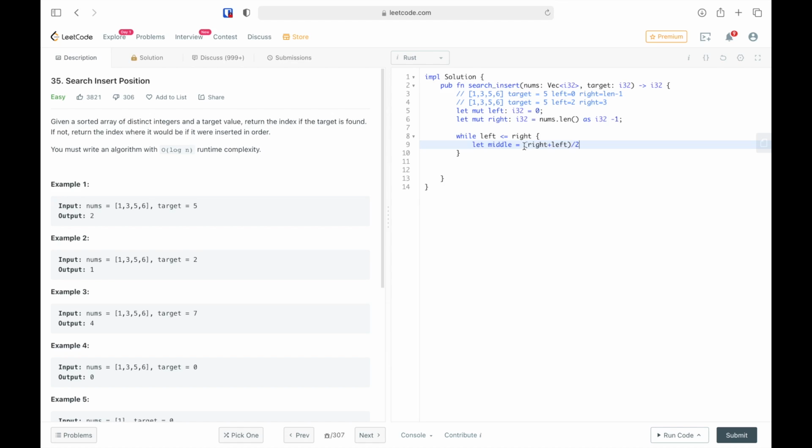And we're going to cast this to f64 in case it overflows, and then we're going to floor this.